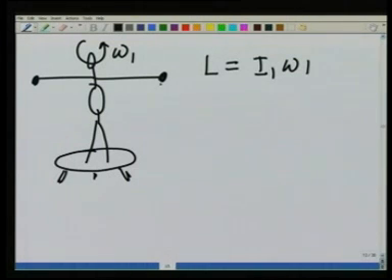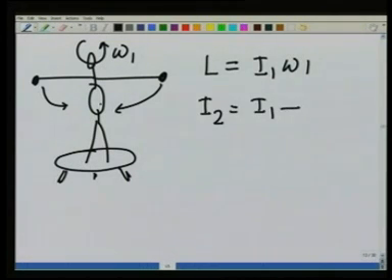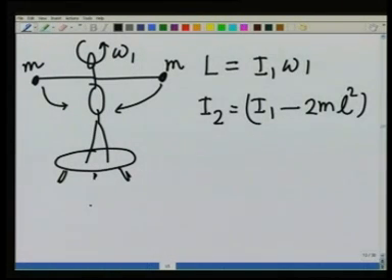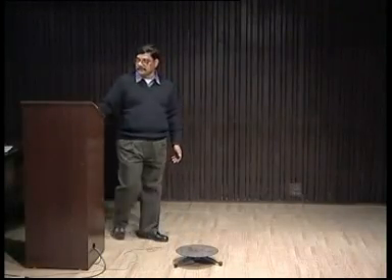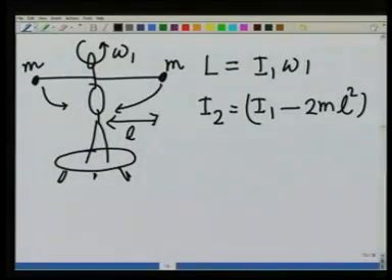As soon as I brought these masses in, I changed to I2, which was I1 minus, let us say, roughly 2 m L square, where m is the mass of each of these and L may be the length of my arm. However, there is no external torque. This platform is nearly frictionless, and therefore angular momentum must be conserved.